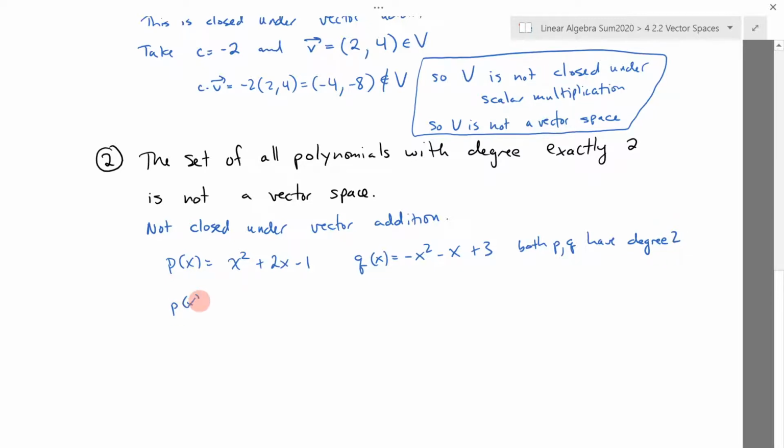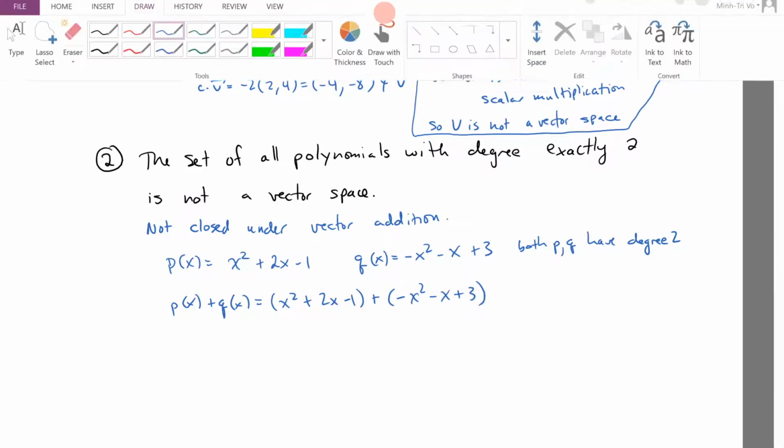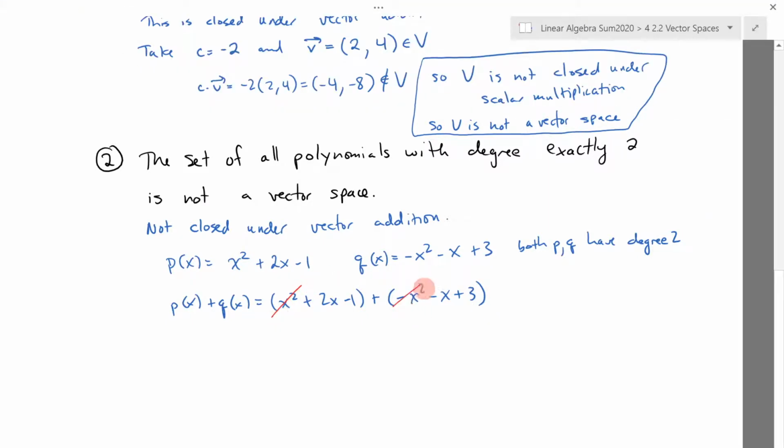if I add p of x plus q of x, right, so that's x squared plus 2x minus 1 plus minus x squared minus x plus 3, right, so the x squared cancels out, and then 2x minus x is just x, minus 1 plus 3 is plus 2, so now this has degree 1.